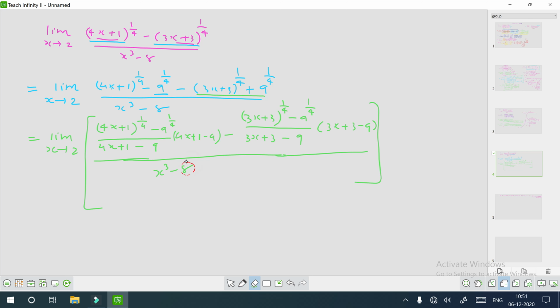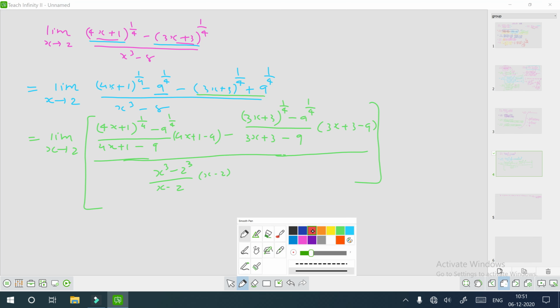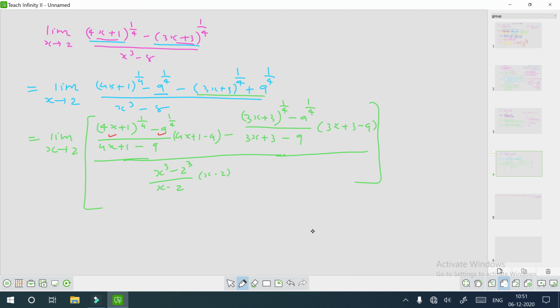So can I write here 2 cube? So we need to multiply it by x minus 2. Here also x minus 2. Now all terms are arranged in that form. Variable raised to n minus constant raised to n over variable minus constant. Here also variable raised to n, constant raised to n over variable minus constant. Now what is the simplification? 4x minus 8.